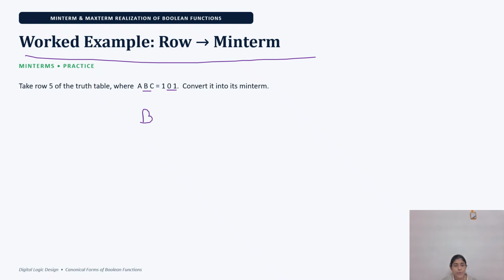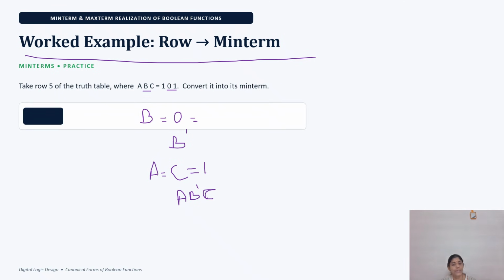If B is equal to 0, what does it mean? It is a complemented form. So what do you have to write? You have to write it as A dash, B dash. A is equal to C is equal to 1. Then what will be the result? A, C will be coming as such. So A C B dash. Right? We will see what value we are getting.